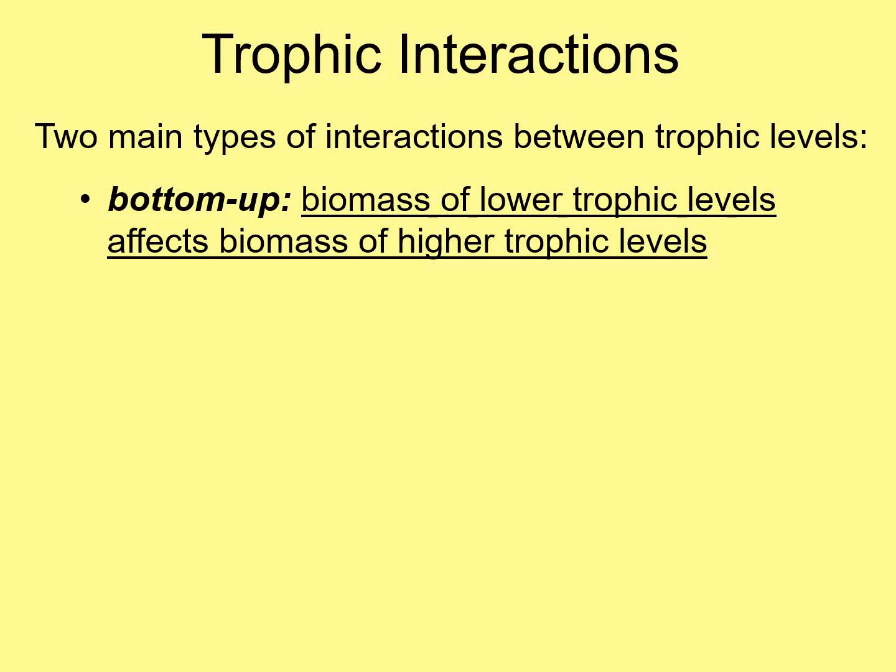So if I have higher primary productivity, I have larger populations of primary producers, that means I have more energy and biomass available for use by those higher trophic levels, and I would expect to see larger populations of primary and secondary consumers based on the increase in biomass at the lower trophic levels. That's very logical. Makes perfect sense in terms of how we think that food webs work.